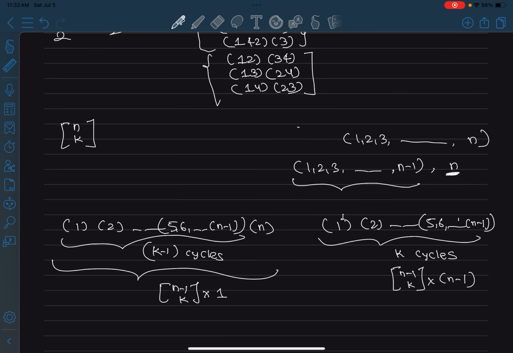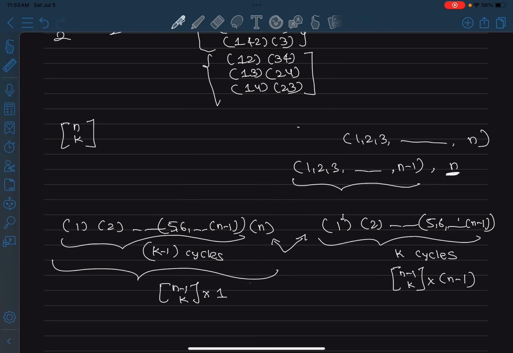So basically, from these ways of n minus 1 elements, we can get ways for n elements, either if there was already k minus 1 cycles or k cycles, right? If there are k minus 2 cycles, that's not even possible. So there are just these two scenarios which lead us to n elements with k cycles. From this scenario I have n minus 1 choices.